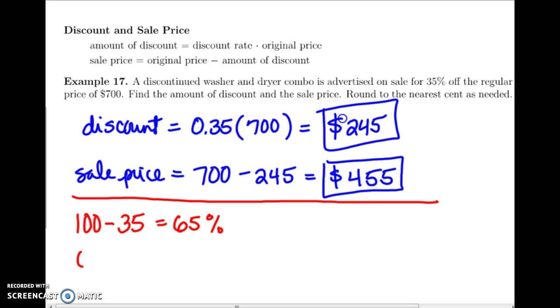And you might, in your calculator, look and see what 0.65 times 700 is. Well, it's 455. So that's what I actually do when I go to the outlets and try and figure out how much I'm going to be paying for something. I subtract whatever percent off from 100 and then multiply that by the price.